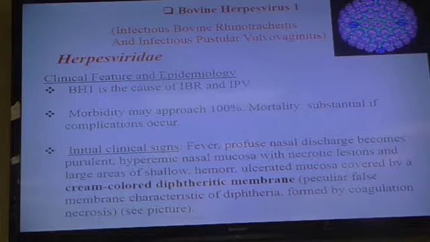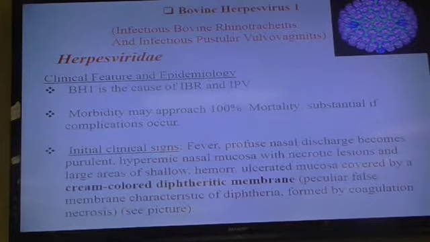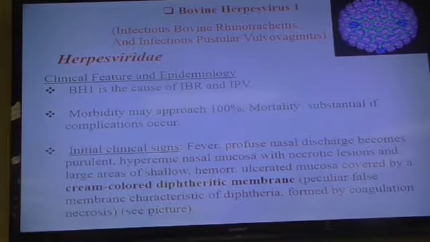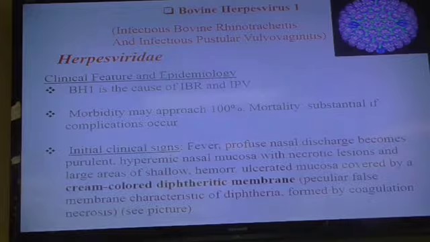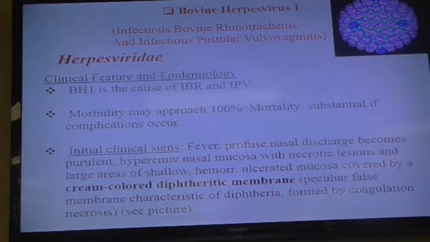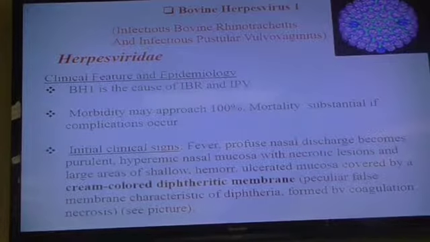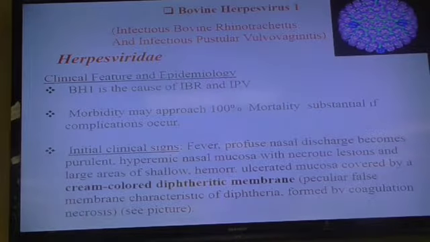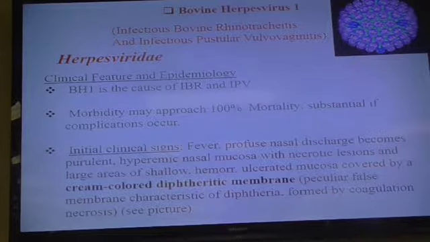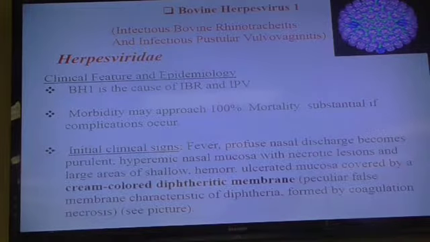But the other syndrome is infectious pustular vulvovaginitis, and that involves obviously the vulva and the vagina. Morbidity is pretty high, 100%, and mortality can be substantial. Hence, it is a reportable disease. When you have very high mortality, very high morbidity, it can be reportable.